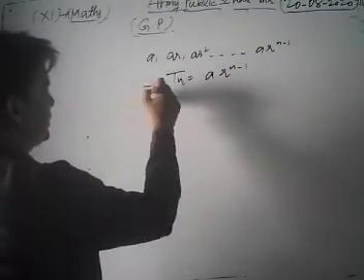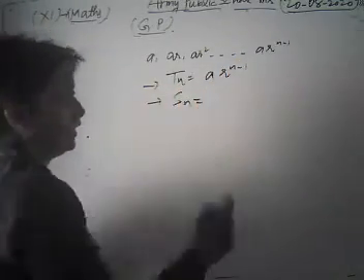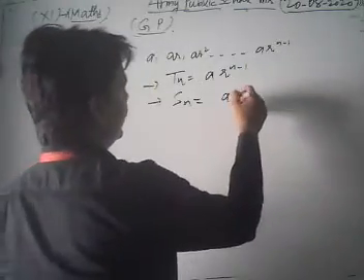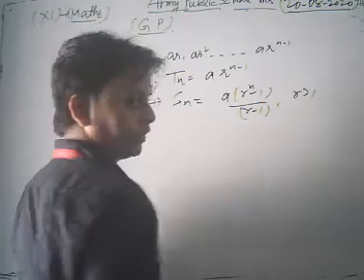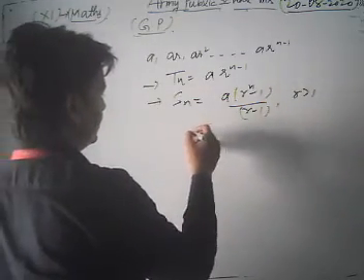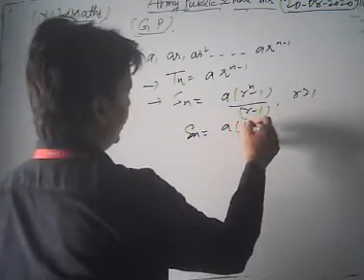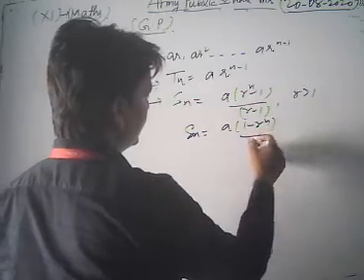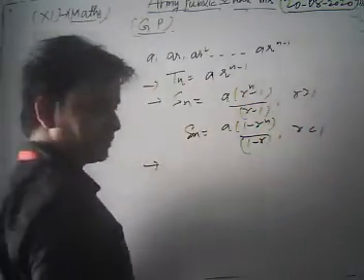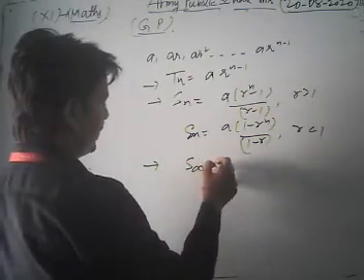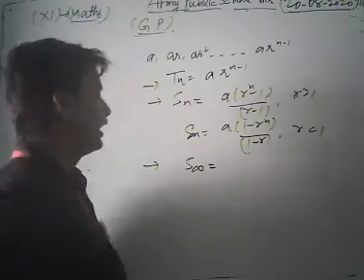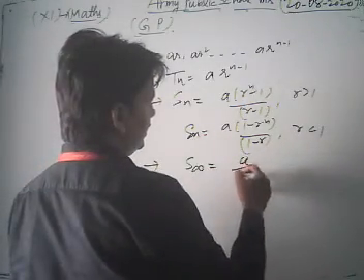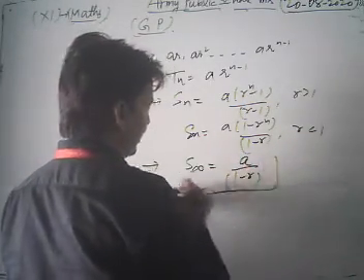We also discussed the sum of the nth term of the GP as a(r to the power n minus 1) upon r minus 1 when r is greater than 1, and the formula a(1 minus r to the power n) upon 1 minus r when r is less than 1. In the previous class we also discussed the sum of an infinite GP. You know that the sum of an infinite GP is a upon 1 minus r.